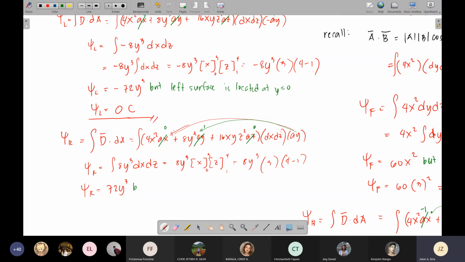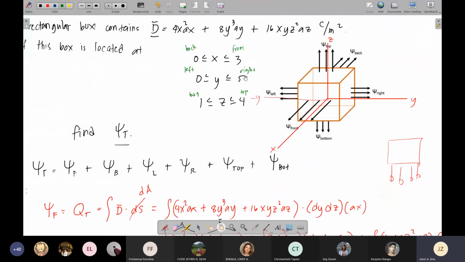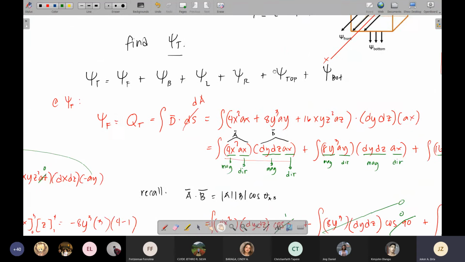But the right surface is located at, look at the limits, y equals 5.